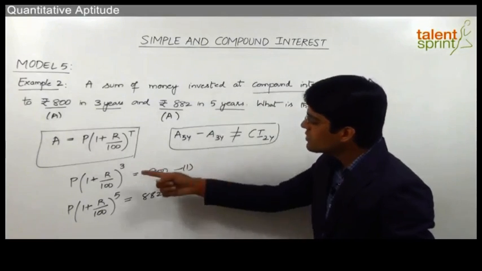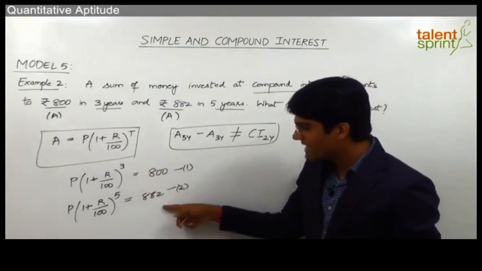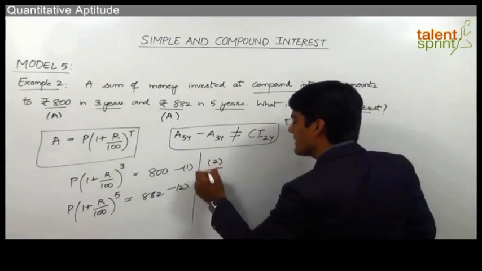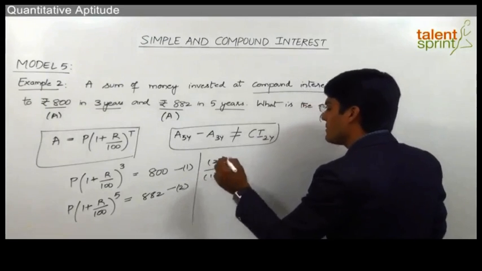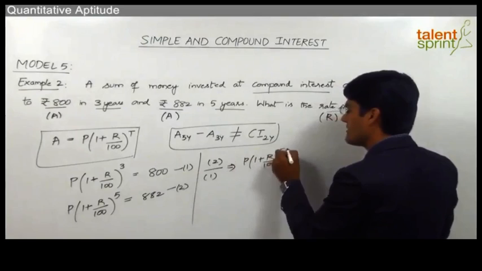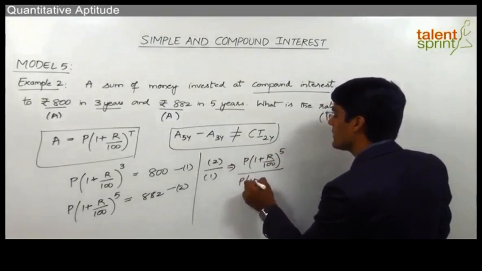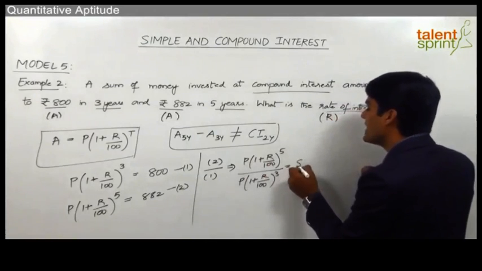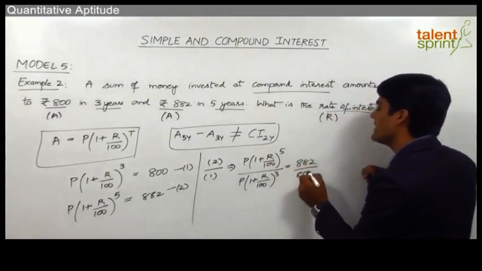Now in this case, to solve the two equations, we need to divide the second equation by the first one. So let us divide second equation by first one. We get principal into 1 plus R by 100 whole to the power of 5 divided by principal into 1 plus R by 100 whole to the power of 3 equals 882 divided by 800.